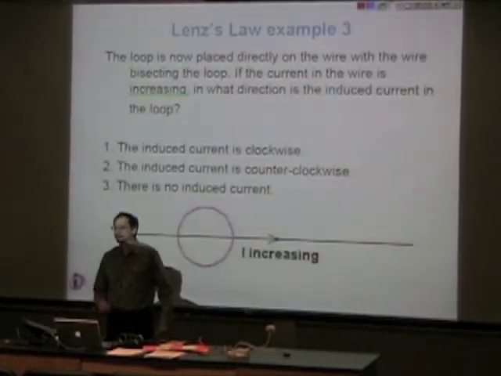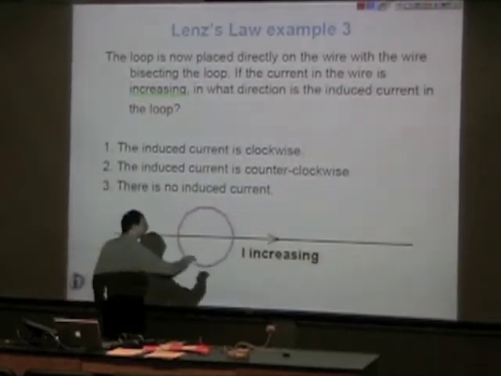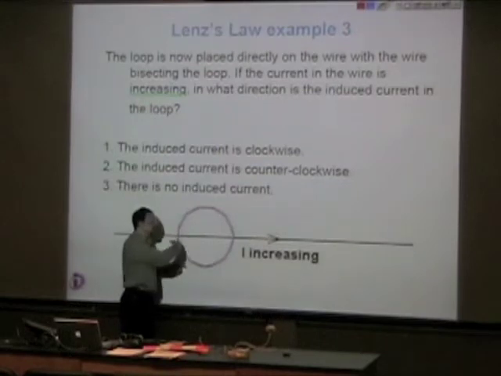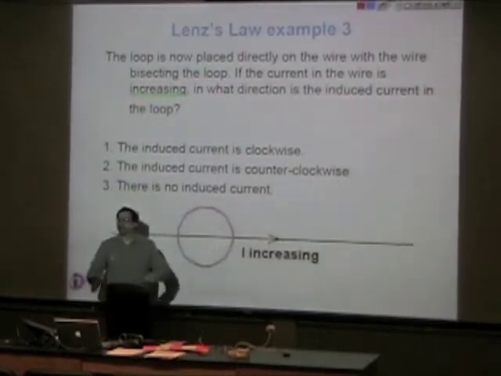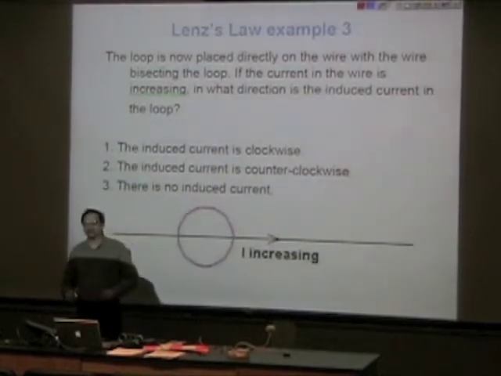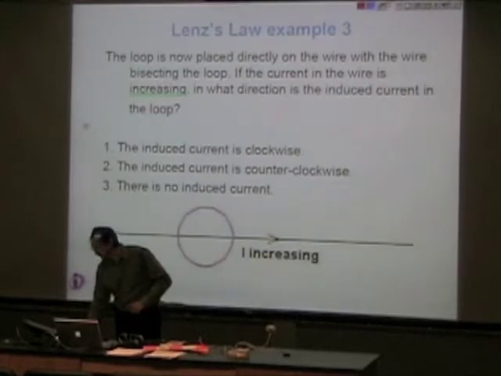This is the question I want to ask you. Same wire, same loop. But now the current gradually increases. So what do you think about the induced current in the loop?